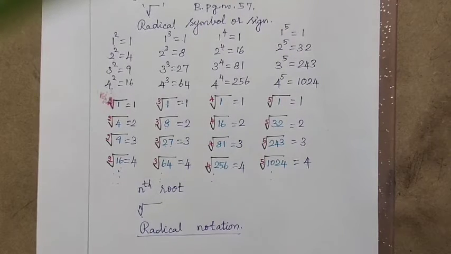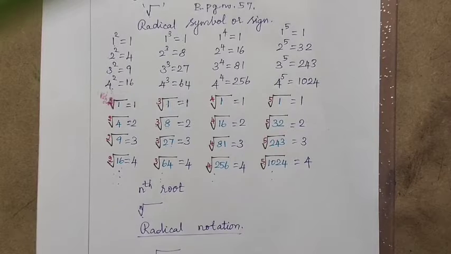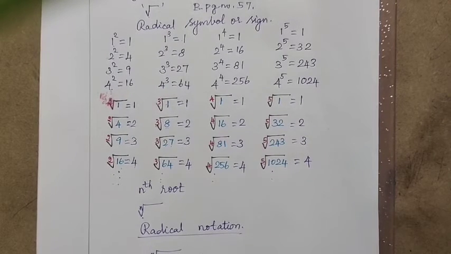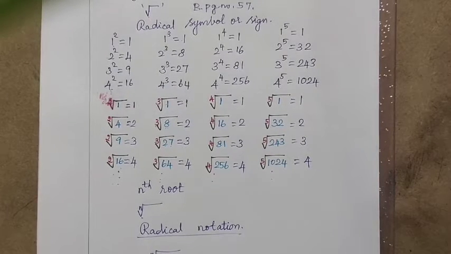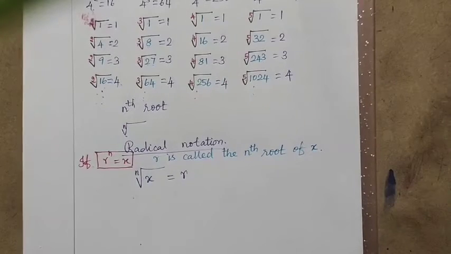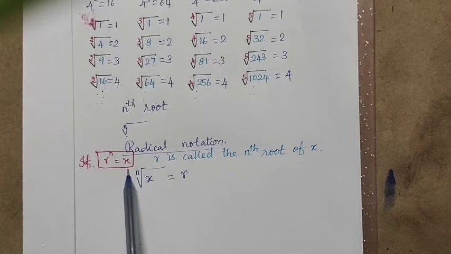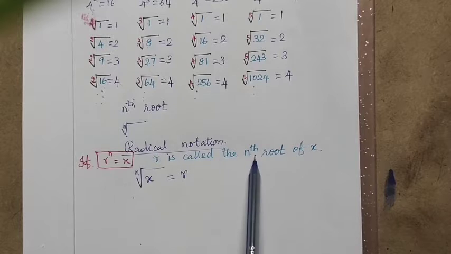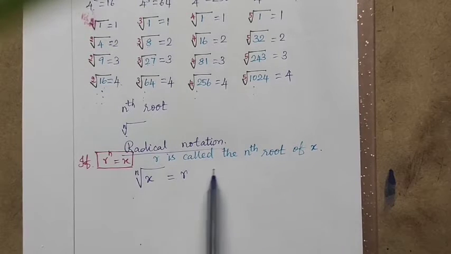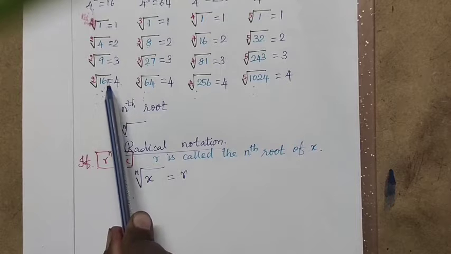Okay. So here n, this is x, is equal to r. If r to the power n is equal to x, r is called the nth root of x. See the examples given here.